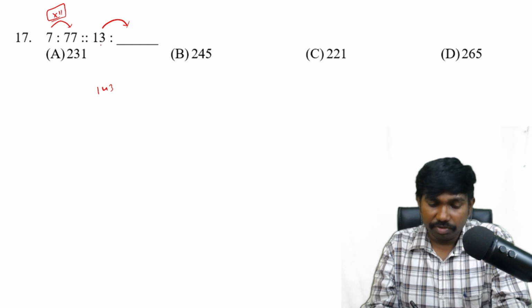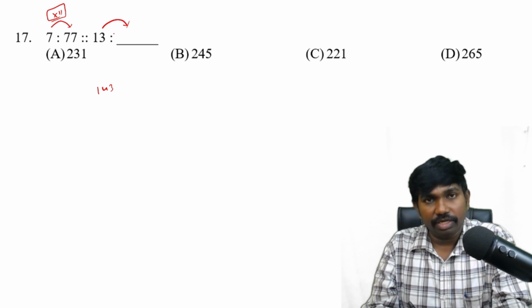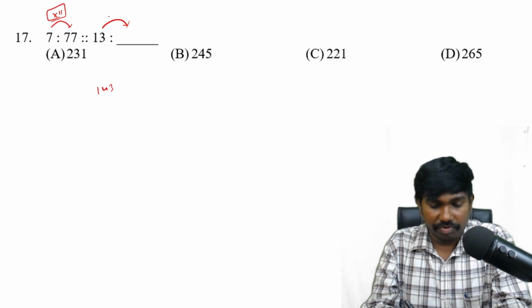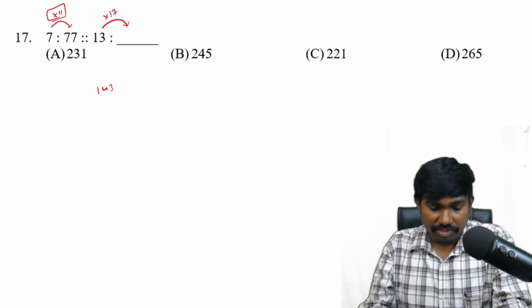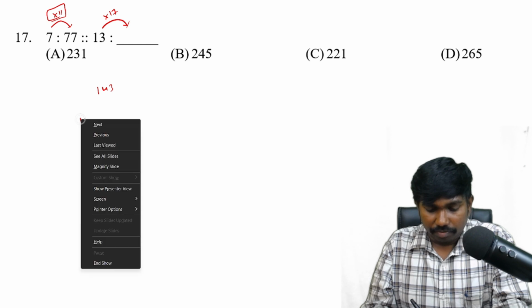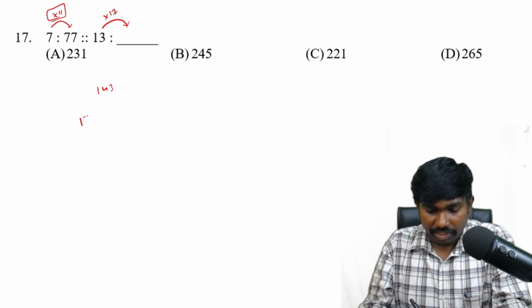Luckily for 13 also it is matching. Plus 4 is 17 and even next prime is also 17. So multiply by 17. And 13 17s, it is 231. Yes, 170 plus 26. 13 17s, 170. 10 times it is 170. And 3 times it is 51.